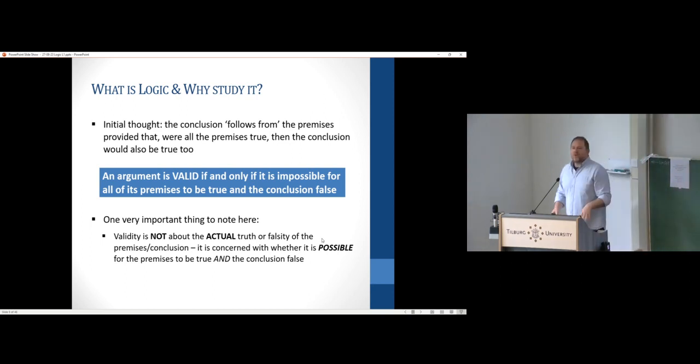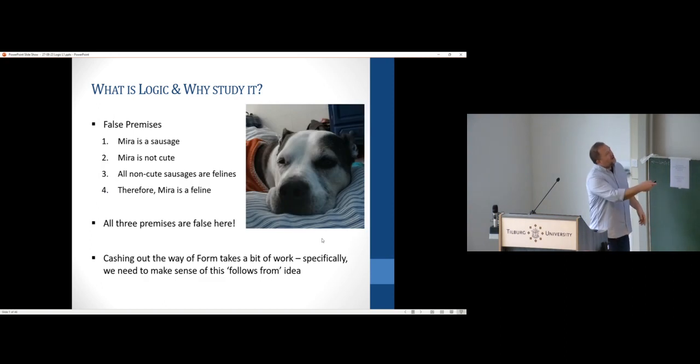Note, there's a couple of things to note here. First, validity is a property of arguments, not of premises, not of conclusions. To go back a slide, we wouldn't say 4 is valid. We would talk about the whole argument to say it's valid. Validity is a property of arguments. Similarly, you don't say the argument's true. That doesn't make sense. Truth is a property of sentences. You could say 1 is true or 1 is false.